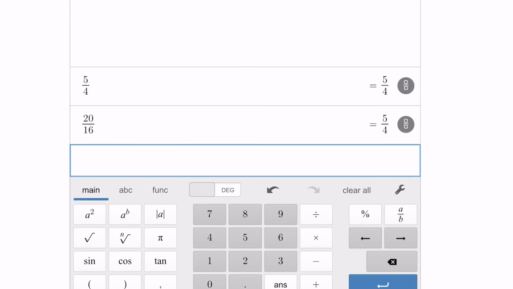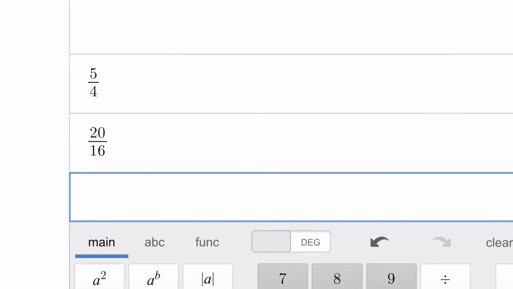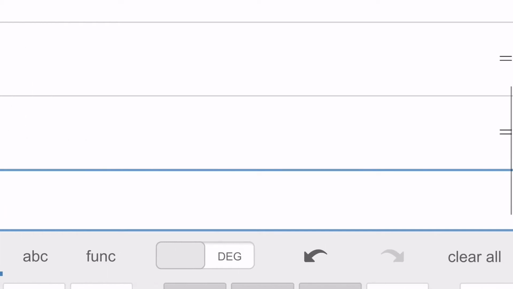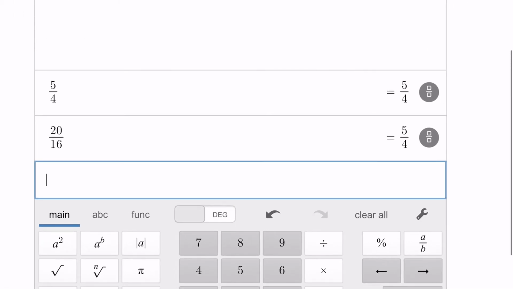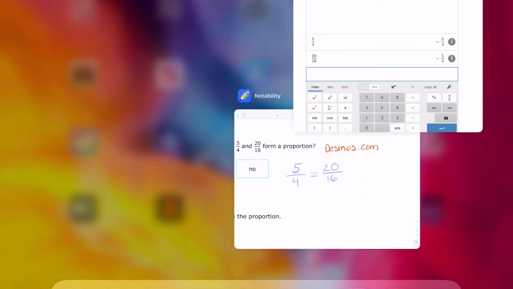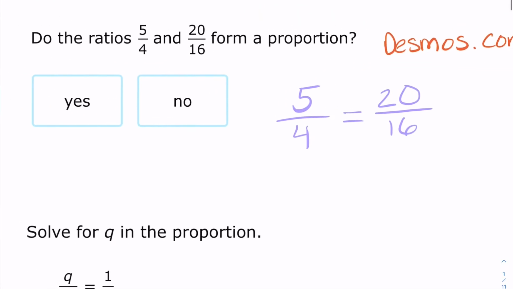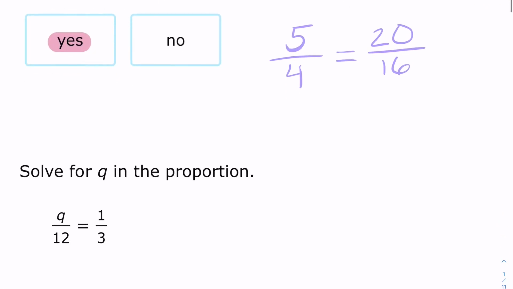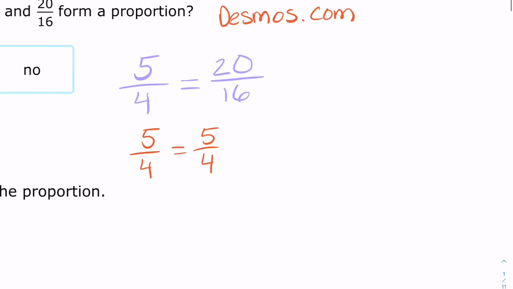You can divide 20 by 4 and 16 by 4, making your simplified fraction 5/4. All right? So the answer to this one is yes, because we have 5/4 equals 5/4.